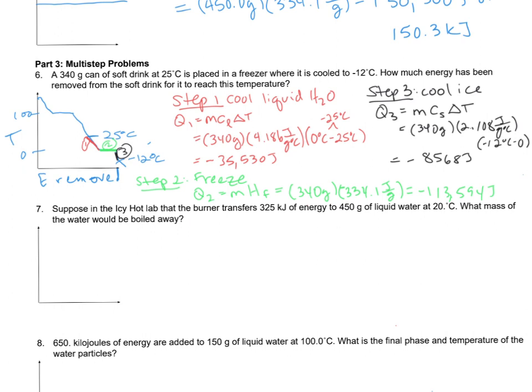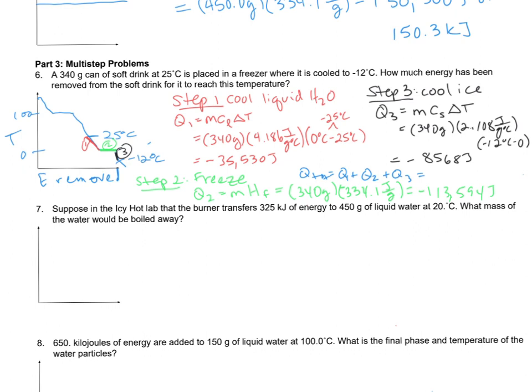So then our total energy is going to be all of these added together. So the Q total is equal to Q1 plus Q2 plus Q3. So they're all negative when we're adding them together. Negative 35,530 plus negative 113,594 plus negative 8,568.